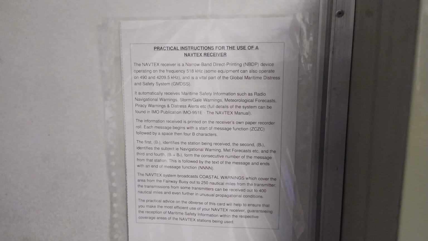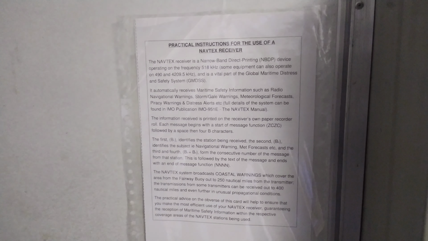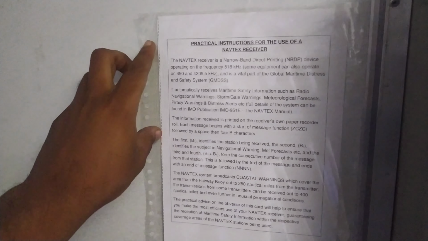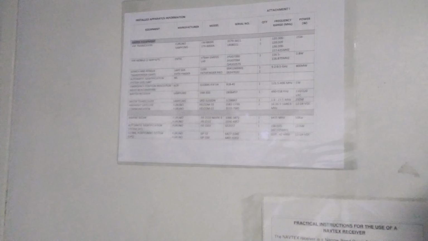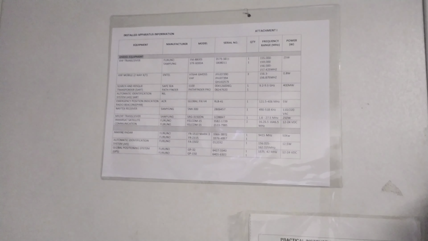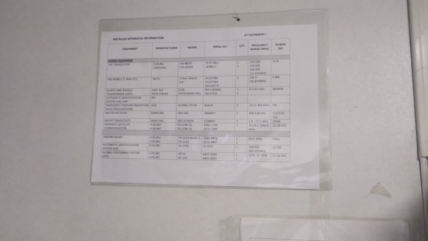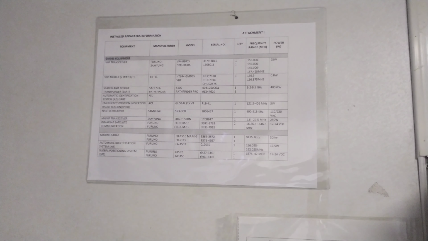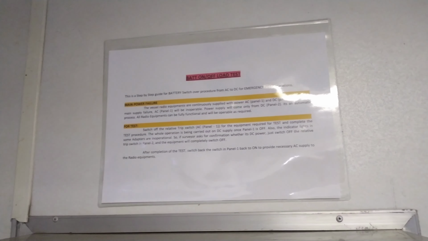Another thing that you need to know is again the Navtex instructions for use and how the messages are to be read. Sorry, this is also from the GMDSS volume 5. This is also a page that can be cut and pasted. Next is the installed apparatus information. This is a requirement for the radio survey. Then comes the battery on and off load test, how to test it.